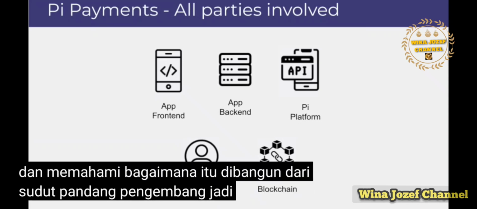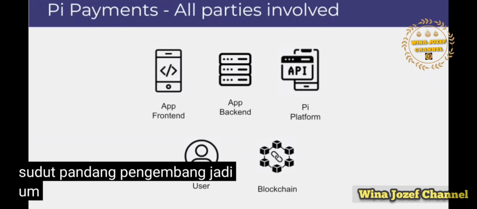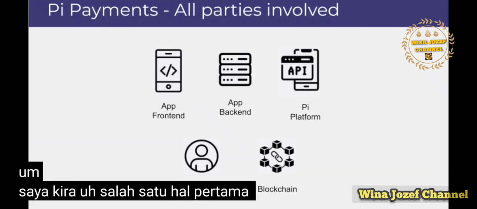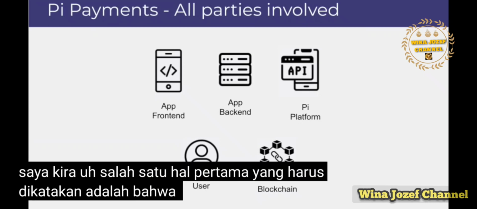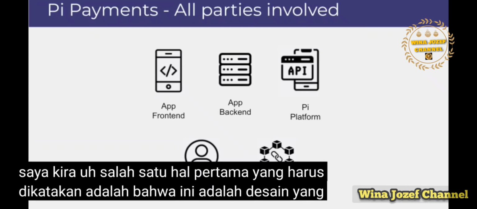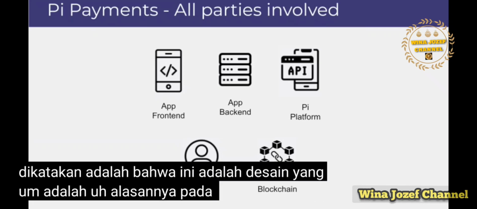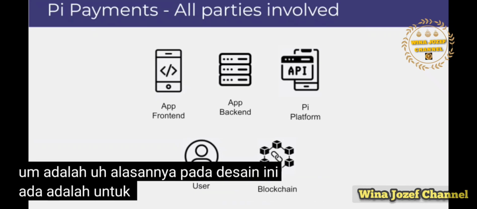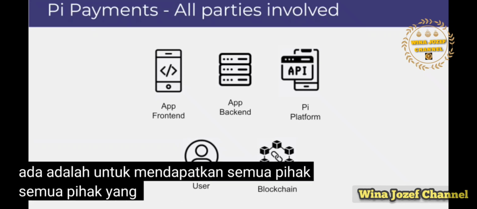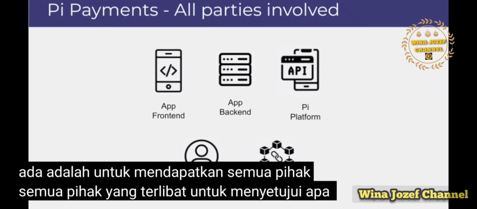So I guess one of the first things to say is that the reason this design exists is in order to get all parties involved to agree on what happened.